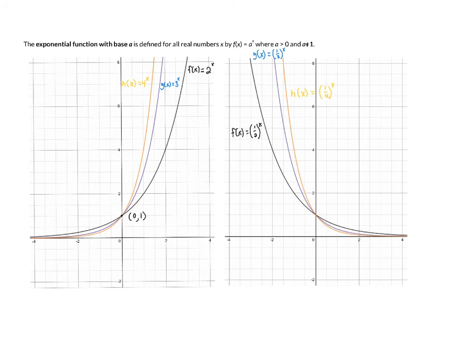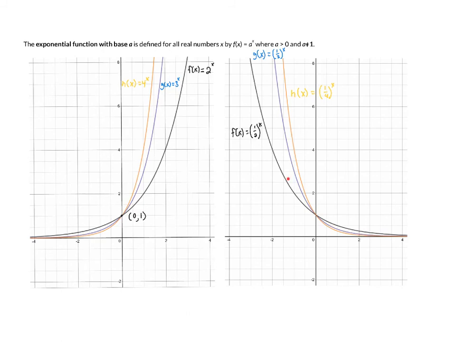The reason for this is that when we have a base that's less than 1, like 1/2, as we raise it to a higher and higher power, it actually gets smaller. 1/2 squared is 1/4. 1/2 to the third power is 1/8. So as we raise the exponent, these are getting smaller and smaller.